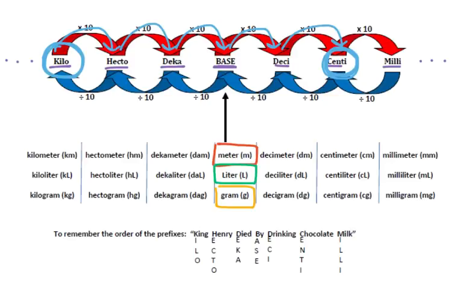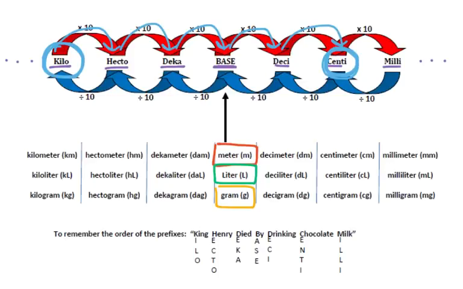So I'm multiplying by 10 5 times, which is equivalent to moving your decimal 5 times to the right. That's the neat thing about metric being a base 10 system. It makes it very easy to convert from one unit to another.